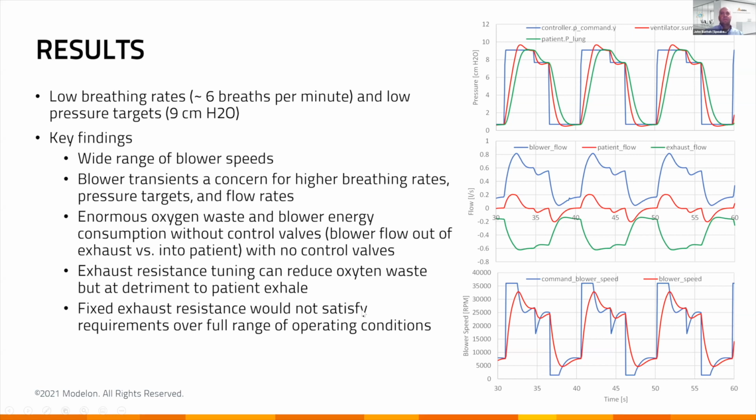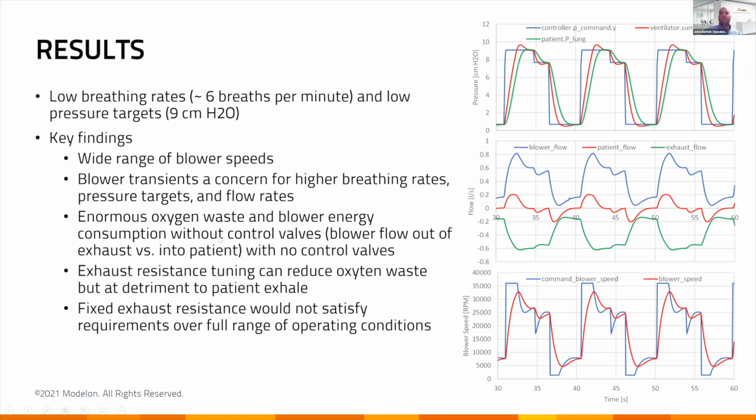So some key findings from this initial prototype: the blower operates over a very wide range, and blower transients were a real concern. This was a very low rate event, and it was very difficult to meet the targets. It was very clear that with this blower operating in this way, you would not be able to meet your higher breathing rates and pressure targets.